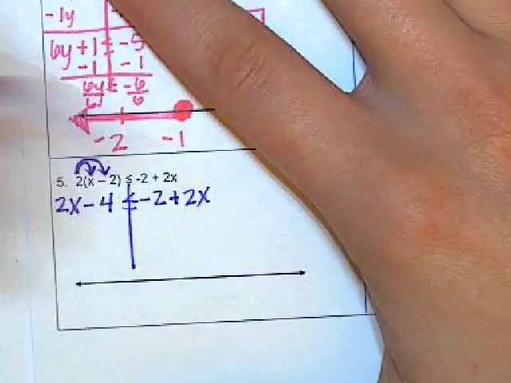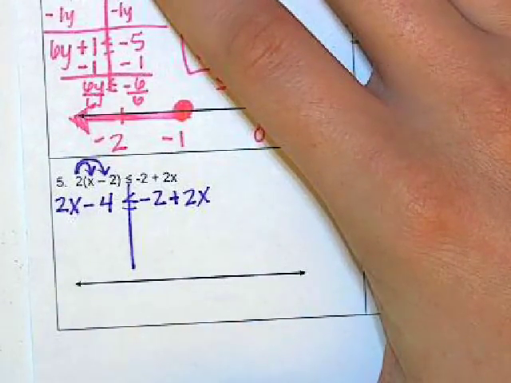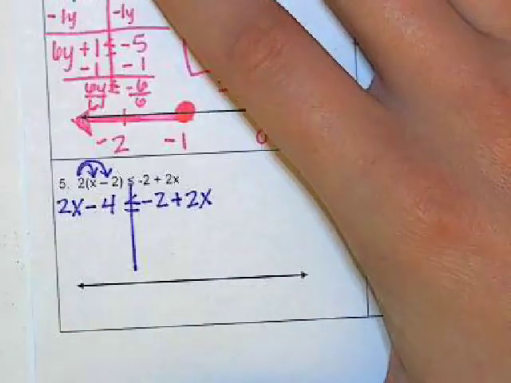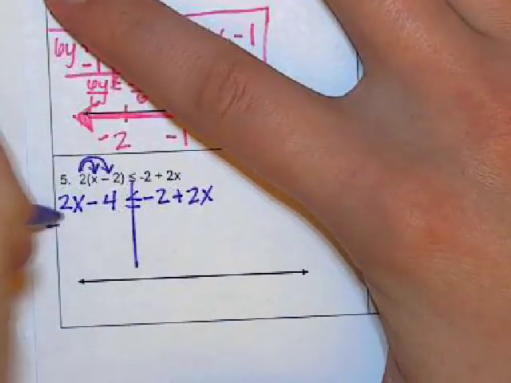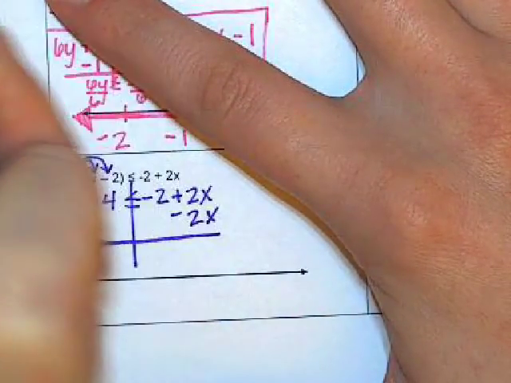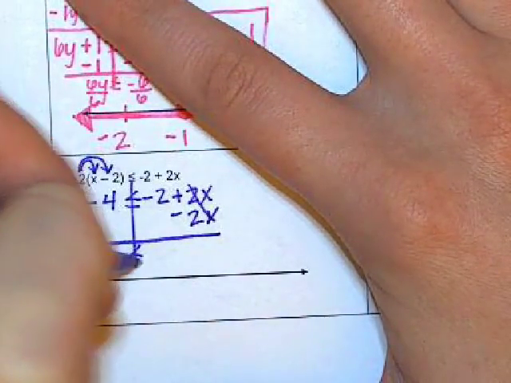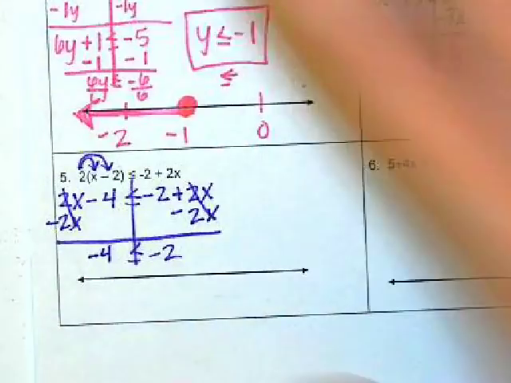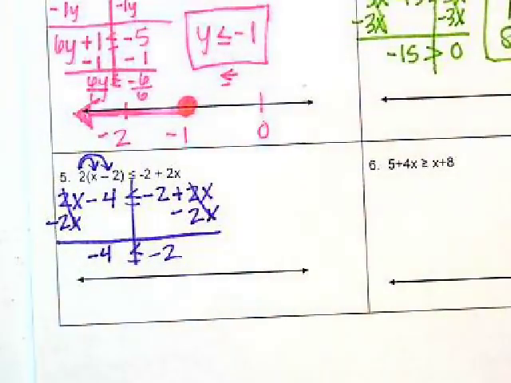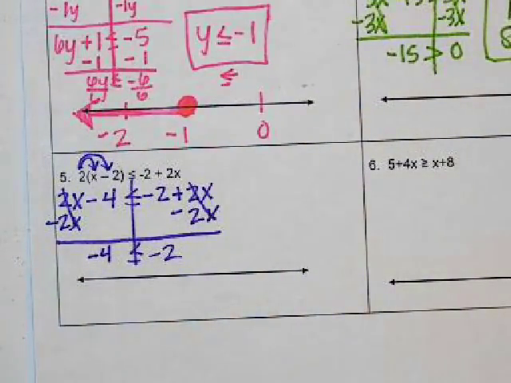The same thing again. Which x is bigger, 2x or 2x? It doesn't matter. So I'm just going to take away the 2x's. Both of them cancel. I'm left with negative 4 less than or equal to negative 2. Is that true?